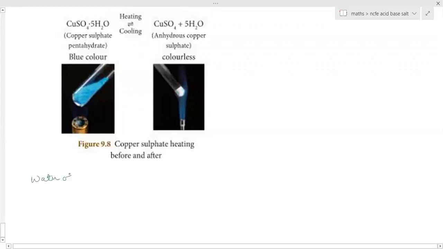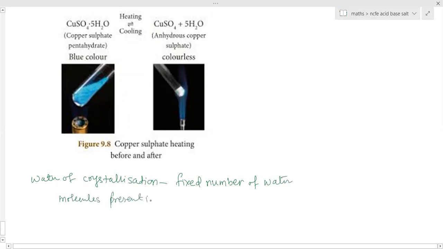Water of crystallization is the fixed number of water molecules present in one formula unit of a hydrated salt.